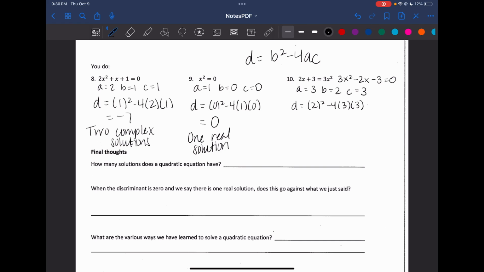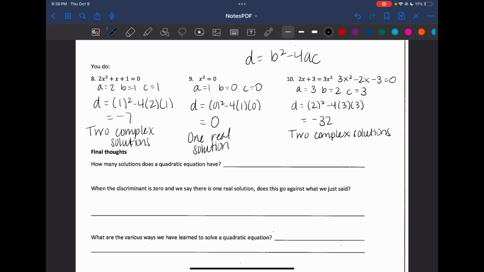So again, you can plug this straight into your calculator. So I'm going to do that now. You get 40. That is positive, so you get 2 real solutions.